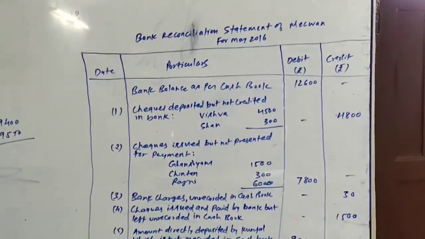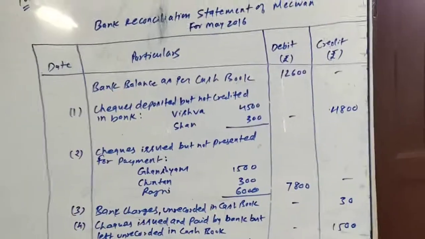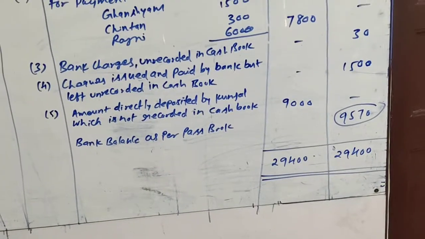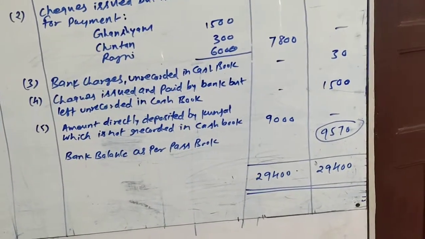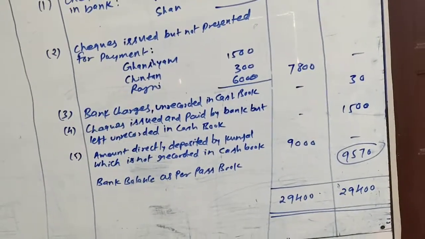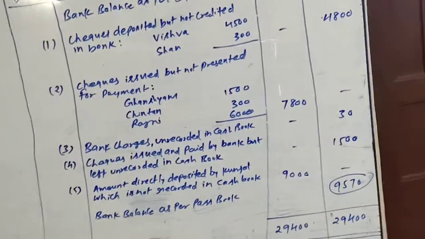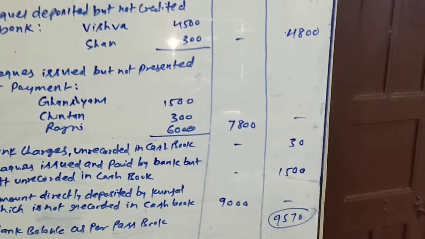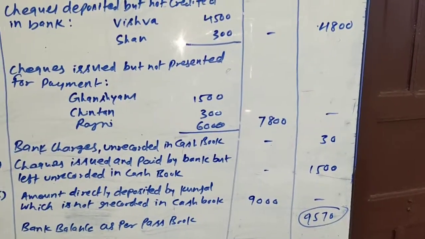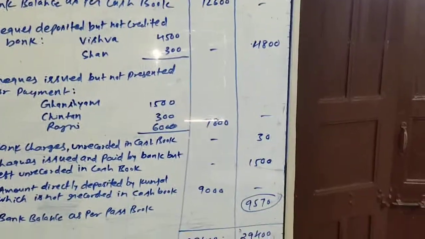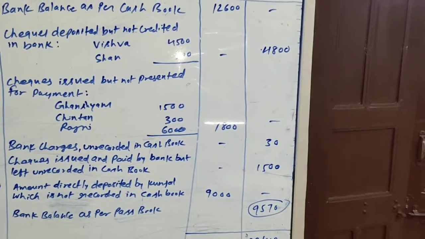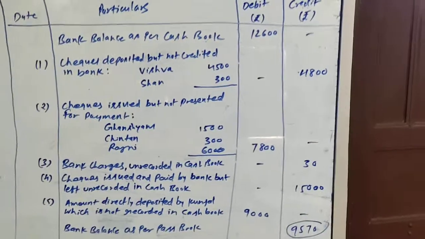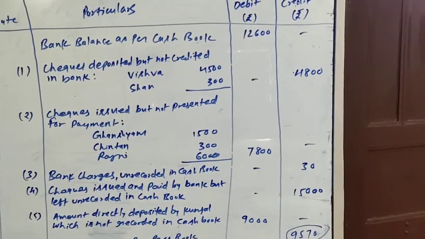When I make the total, on the debit side there are 3 items, 12,600, 7,800 and 900, and the total comes 29,400, right? And on the credit side there are 3 items, 4,800, then 30 and 1,500. Friends, this fourth transaction amount was rupees 15,000, not 1,500.